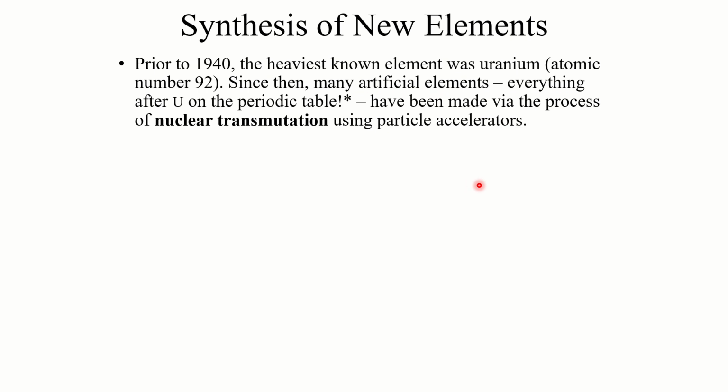All right, let's jump ahead to our last couple of topics. So first, the synthesis of new elements. Prior to 1940, the heaviest known element was uranium, atomic number 92. Since then, many artificial elements, everything after U on the periodic table, has been made via the process of nuclear transmutation using particle accelerators.